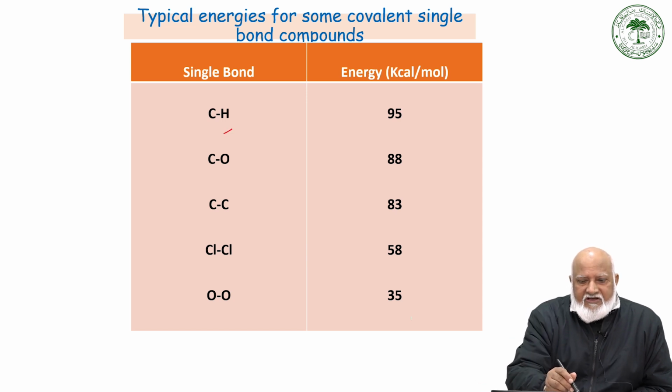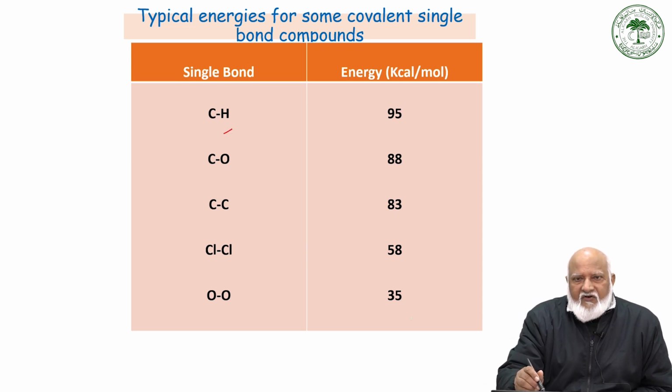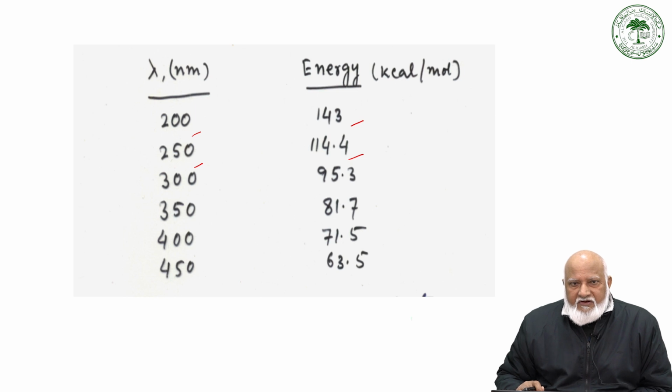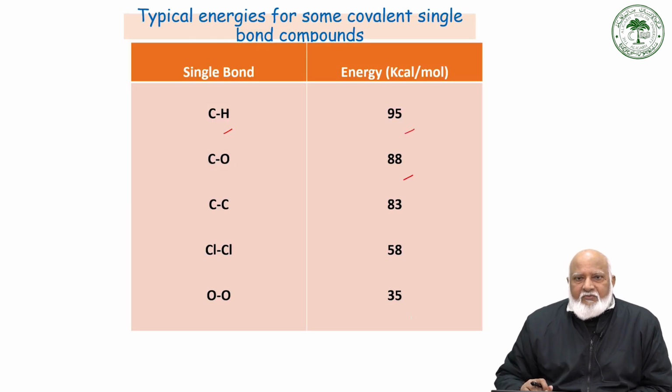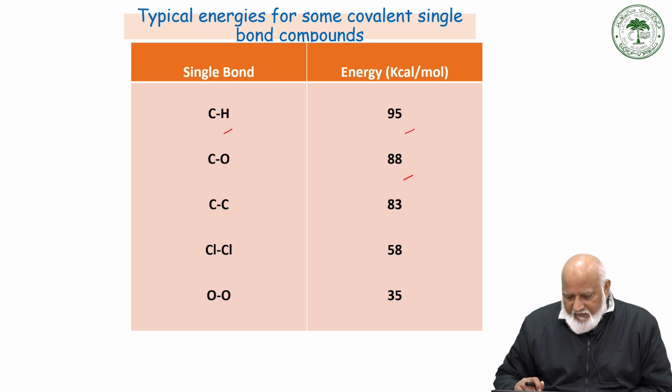For example, CH, the typical energy is 95 kilocalorie, CO is 88, and then CC is 83, and so on and so forth. So 200 to 400 nanometer, which is equivalent to around 70 to 140 kilocalorie per mole, is more than sufficient to bring about different electronic excitation in the molecule.